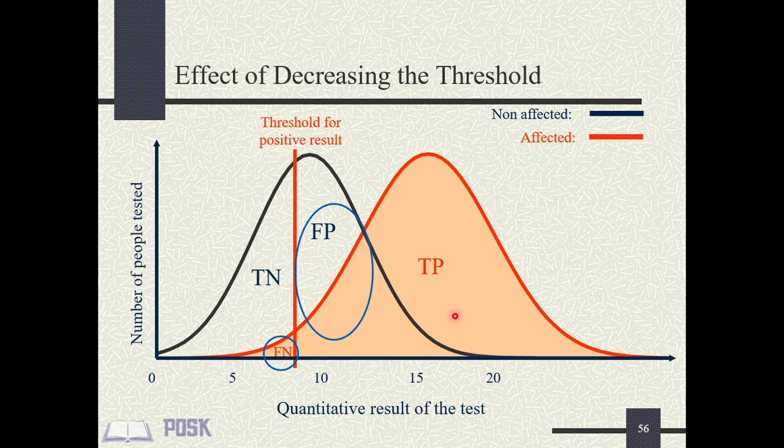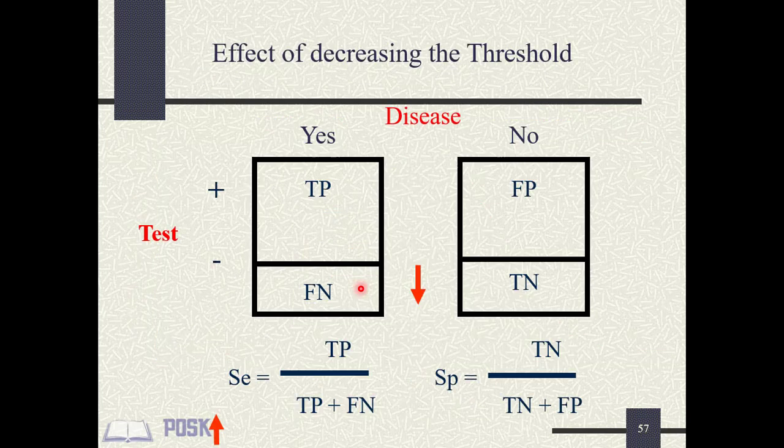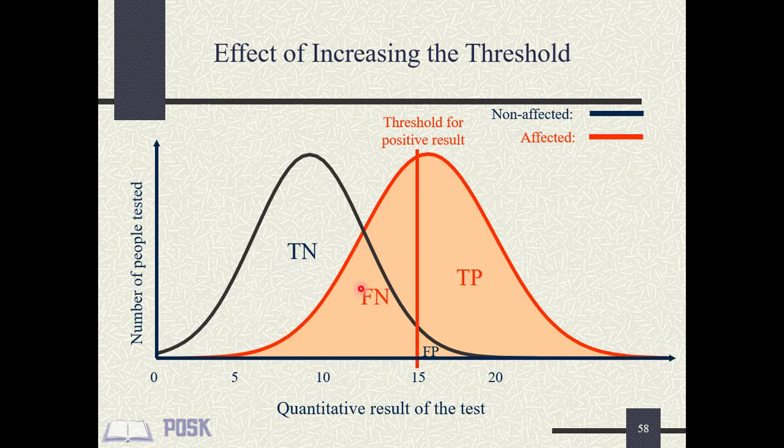False negatives have gone down, while true positives have gone up. At the same time, the false positives have gone up while the true negatives have gone down, which means that sensitivity has moved up at the expense of specificity, which has gone down.